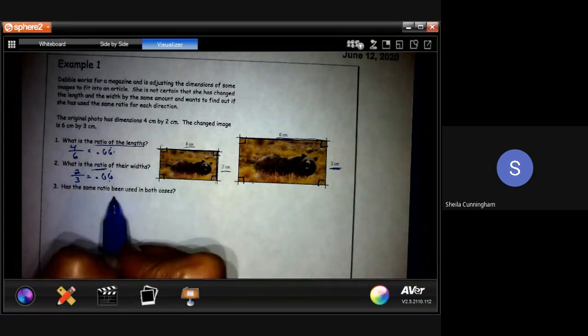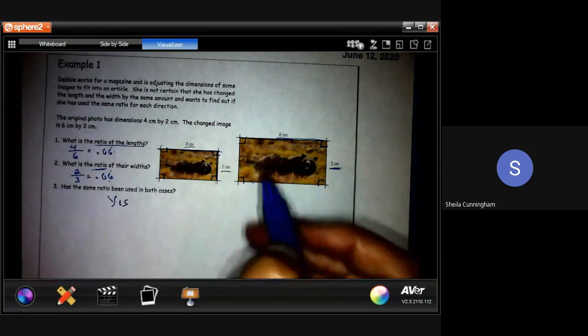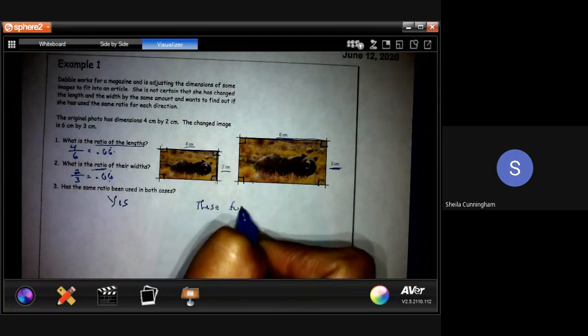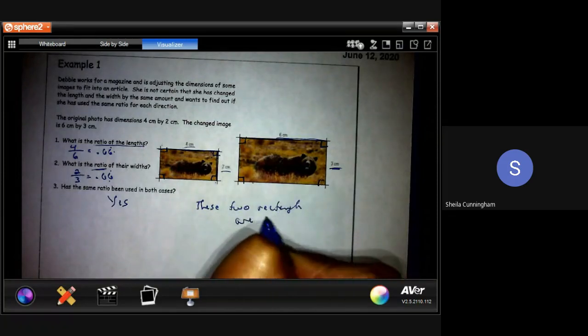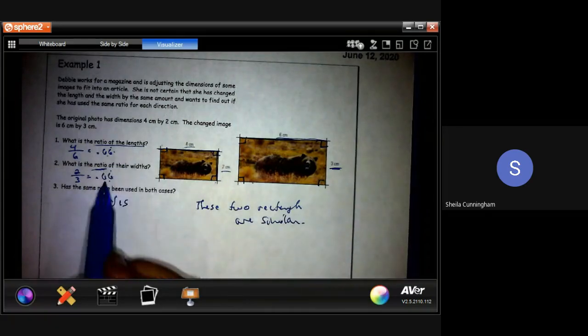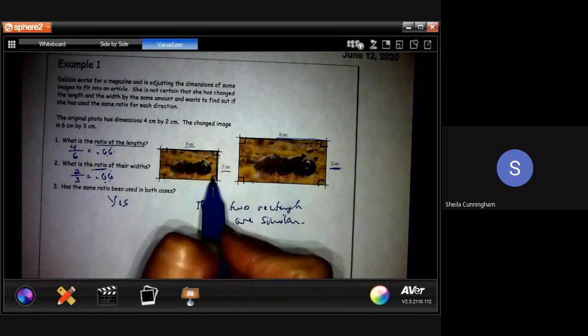So has the same ratio been used in both cases? You betcha. Are these 2 rectangles similar? These 2 rectangles are definitely similar, because these 2 ratios are the same and because all our angle measures are congruent.